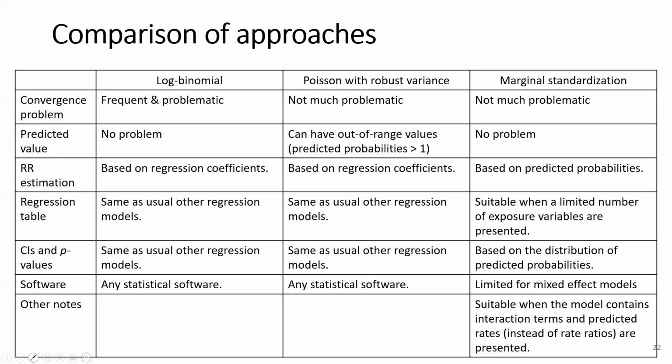But you can check about it. At the same time, when I fit this model, Poisson with robust variance, actually this is what I do. I compare with the marginal standardization method as well, to make sure that the Poisson model is good.